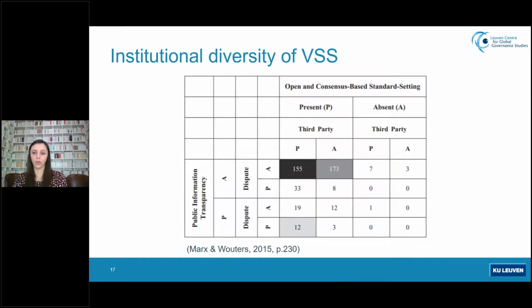And you can also see that only 12 of them score positive on the 4 dimensions that are under study. So this means that, according to this study, there are quite a lot of VSS that are not really credible, and that suggests that there is quite a lot of greenwashing among VSS.